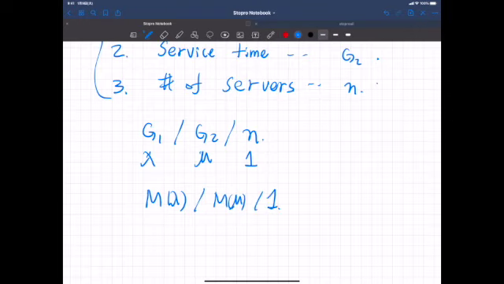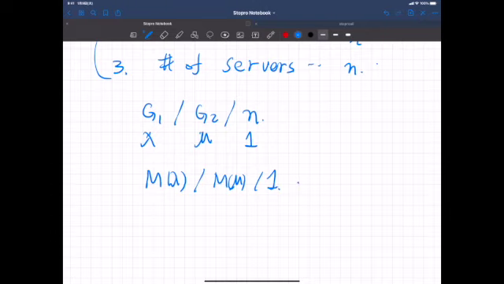This is the problem we have considered in the first section of this chapter.